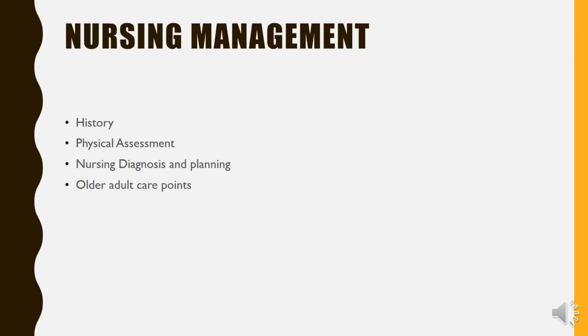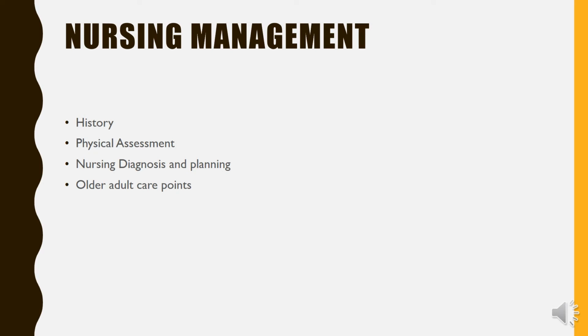Nursing management for the musculoskeletal system includes obtaining a thorough history from our patients. So when you are interviewing your patient, you would want to inquire about any recent pain they are experiencing or chronic pain. Have there been any recent changes to their joints that they have noticed? Are they stiff or swollen?